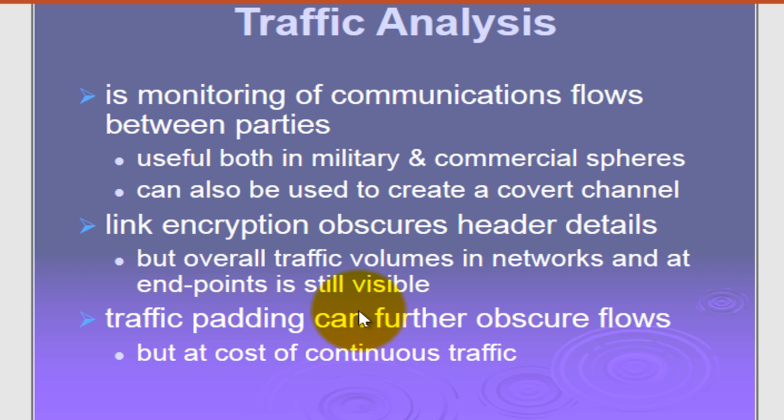He also identifies the frequency of messages passing, that is, how frequently the messages are transmitted. To obscure even that, you have to continuously pass unused bits and mix them with your original data, so that the attacker gets confused about what is going on in the traffic. That is called traffic padding.